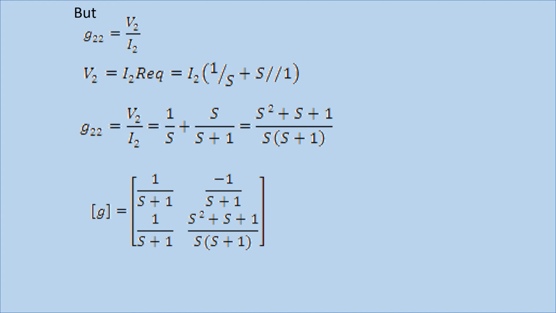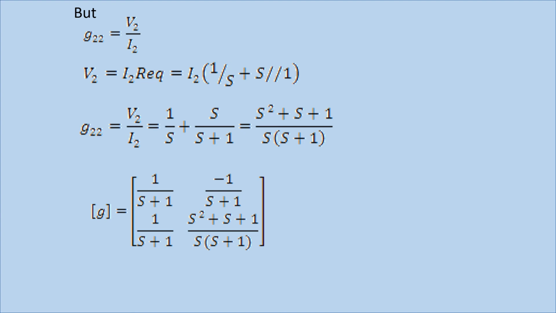So in matrix form, this is the matrix combination of the different hybrid parameters that we have calculated so far. It will be 1 over S plus 1, that's G11, and minus 1 over S plus 1, that's G12, then 1 over S plus 1, that's G21, and S squared plus S plus 1 over S times S plus 1, that is G22.